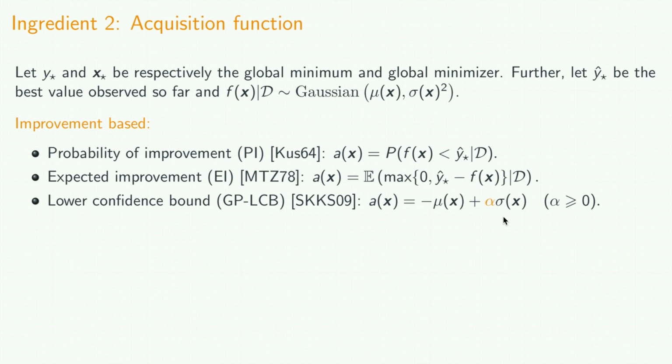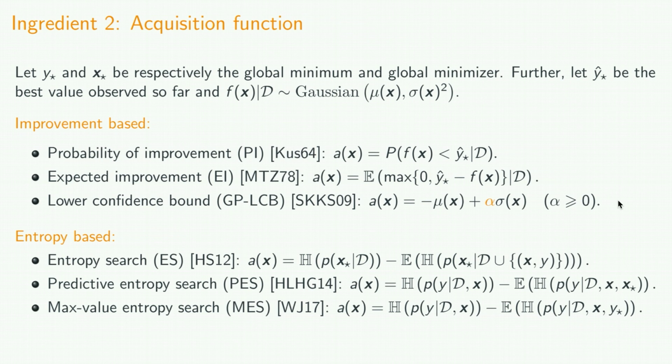Now it's working very well in practice, except that you have this parameter alpha to set, and there's no good way of really setting this parameter automatically. So you can modulate the exploration-exploitation trade-off, but there is no good way of setting it automatically, which then boils down to, again, having the user specify it.